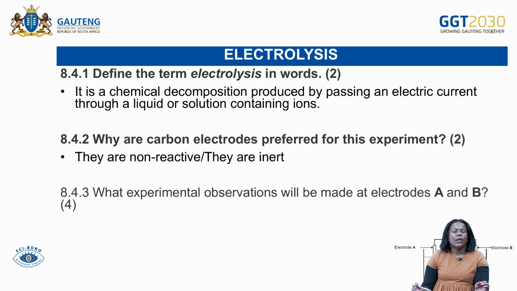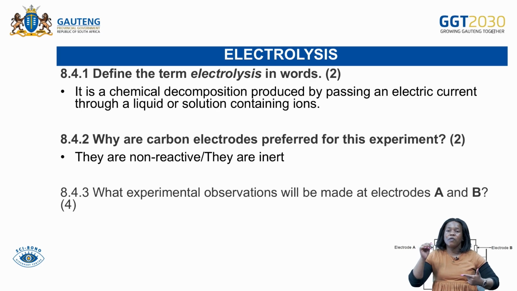8.4.3. What experimental observations will be made at electrode A and B? This one requires us to identify which one is an anode and which one is a cathode. Let's talk it through again. We said that this is the positive terminal, and this one is the negative terminal.